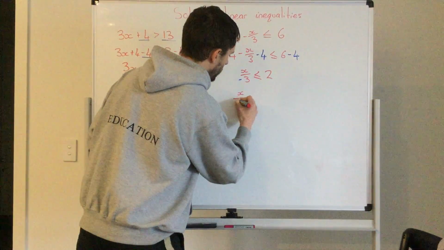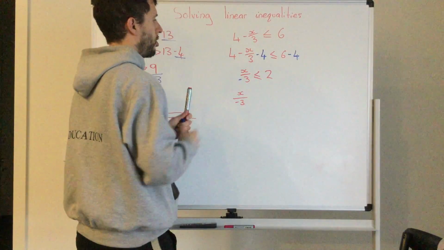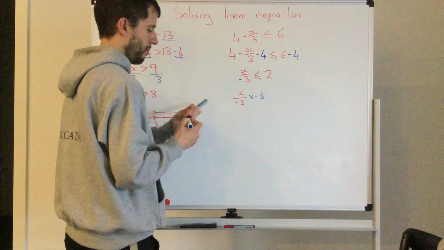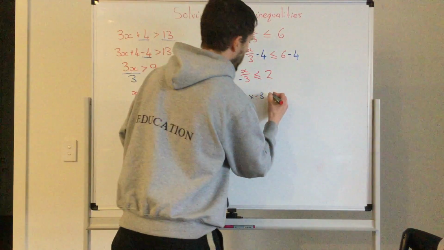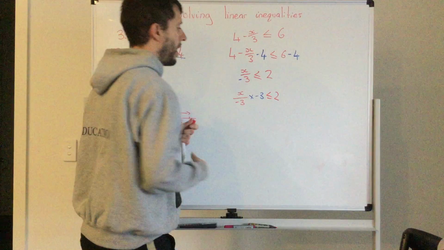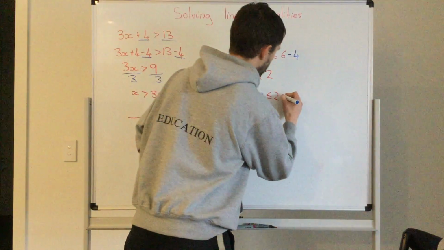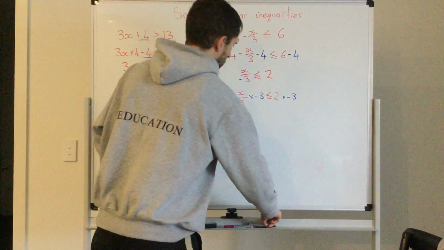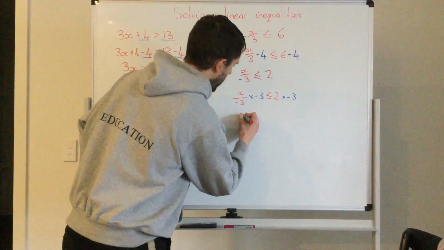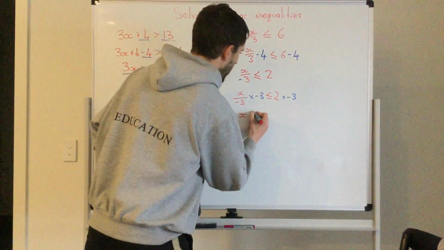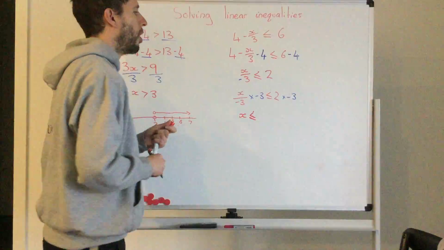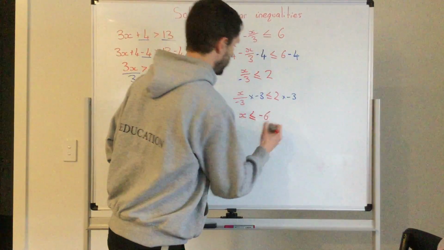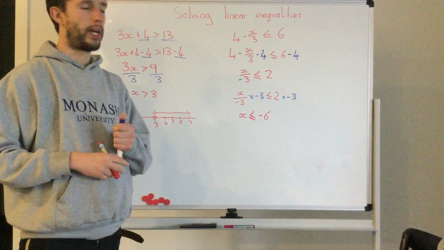So I am going to multiply this side by negative 3, which also means that I am going to multiply my right-hand side by negative 3. So negative 3 cancels out and it becomes x. x is equal to or less than 2 times negative 3, which is negative 6.